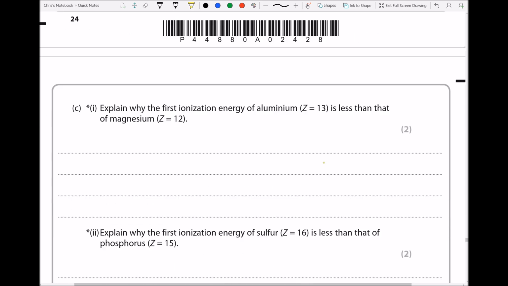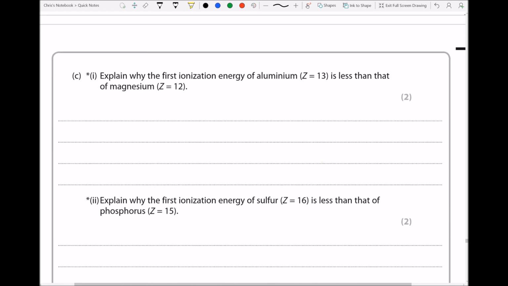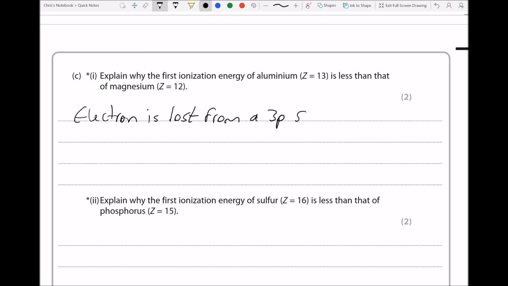So let's get that into words. The electron is lost from a 3p subshell.